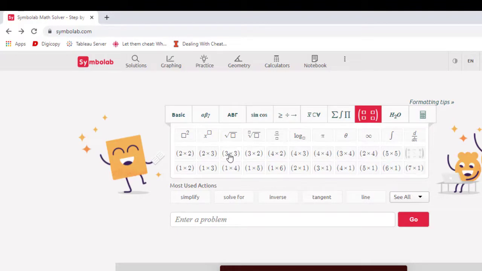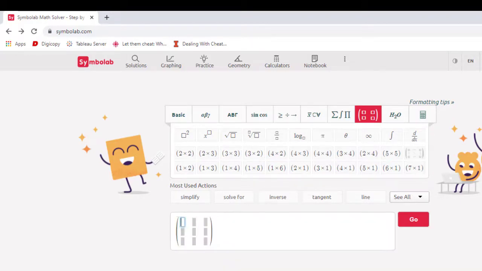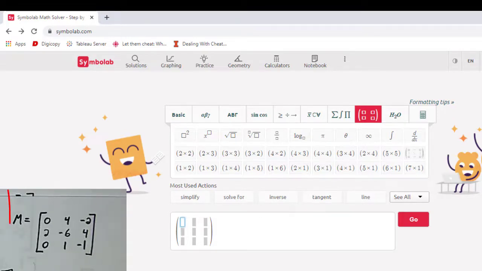And we're working with 3 by 3 matrices, so I'm going to choose the 3 by 3 option. And I'm going to enter our original matrix, which was 0, 4, negative 2, 2, negative 6, 4, and 0, 1, negative 1.